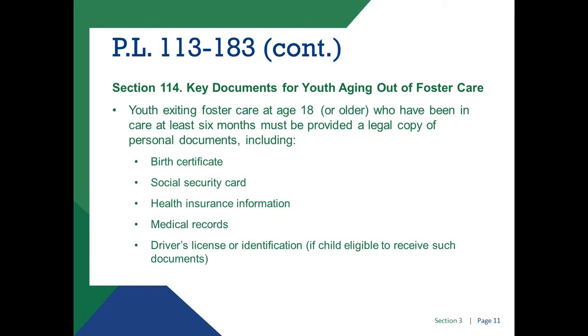So the Fostering Connections Act already requires health oversight and coordination plans to provide information about the options for health insurance, which should include details about eligibility for Medicaid through age 26 and other options.